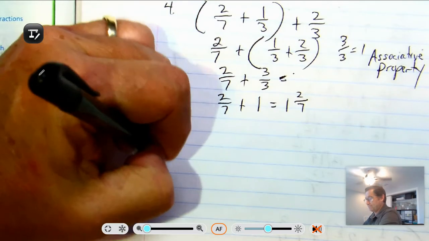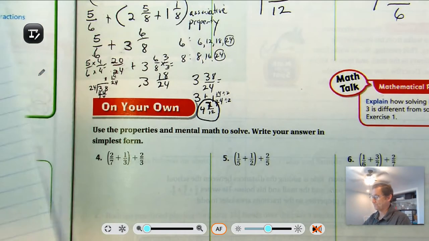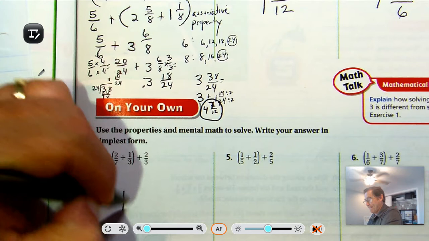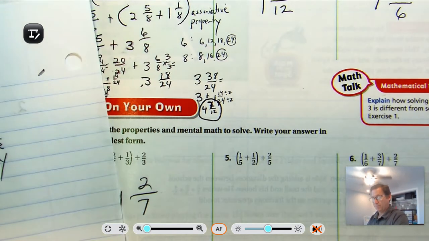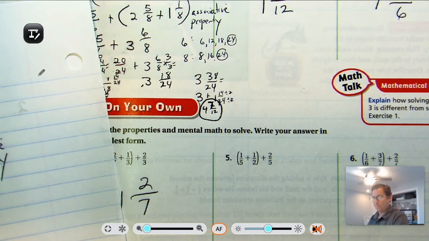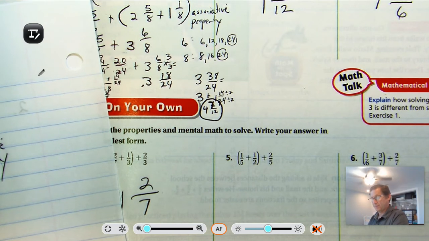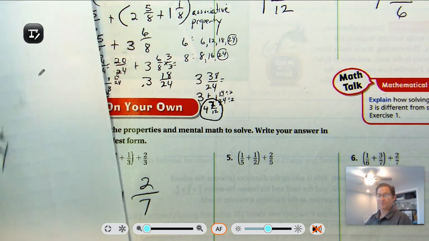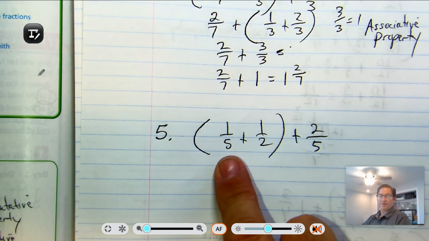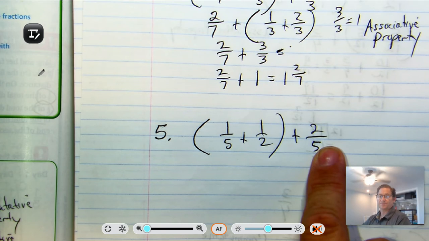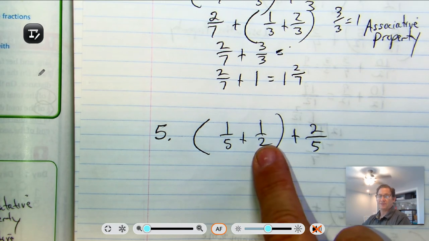Number 5. The sum of 1/5 and 1/2 plus 2/5. Well, I want to get that 1/5 with this 2/5. So right now the 1/2 is in the way.